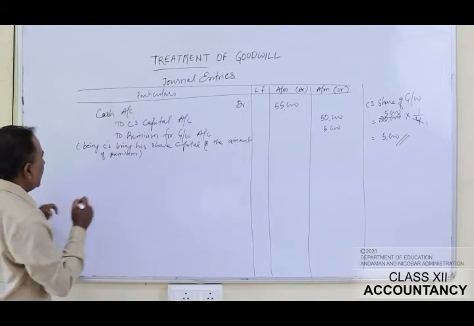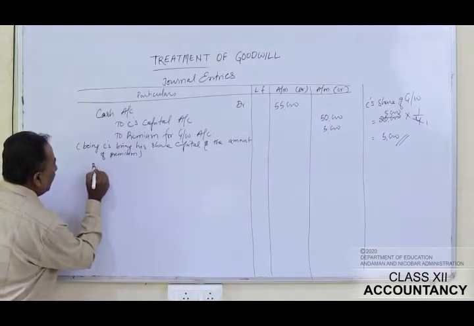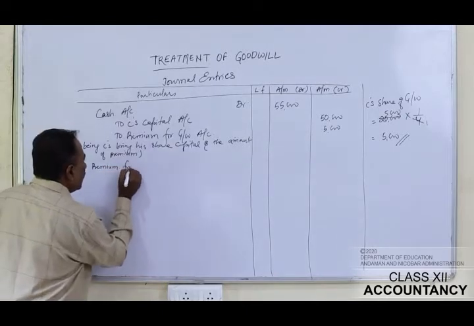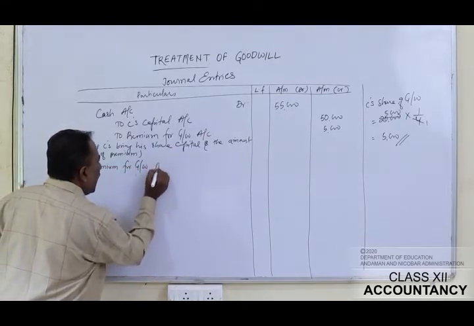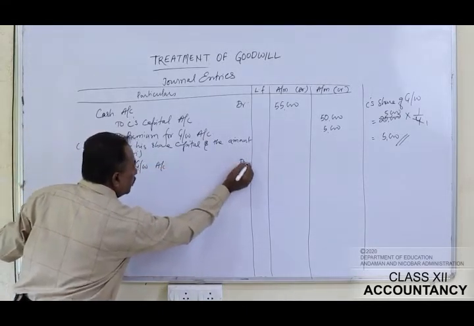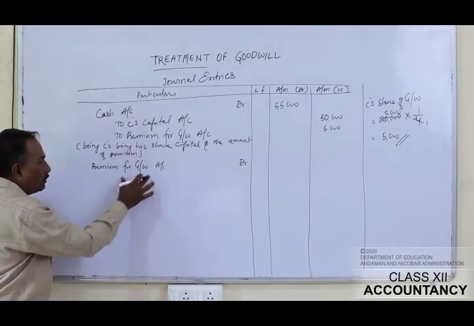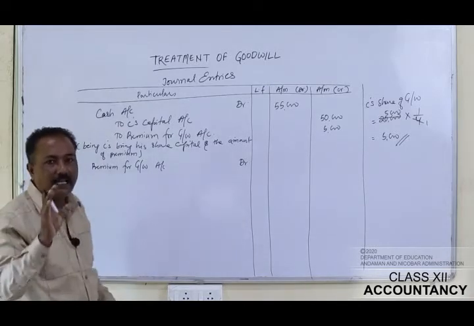So now let's pass the journal entry. The journal entry will be premium for goodwill account debit to sacrificing partners. Don't write now, because we don't know whether both the partners have sacrificed or not.